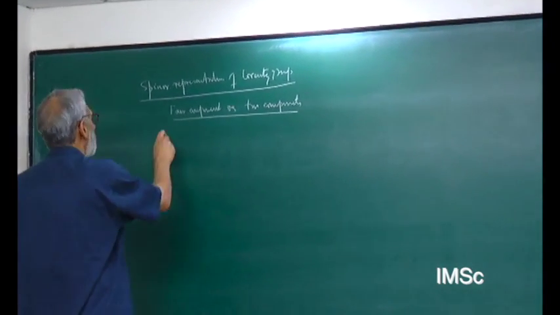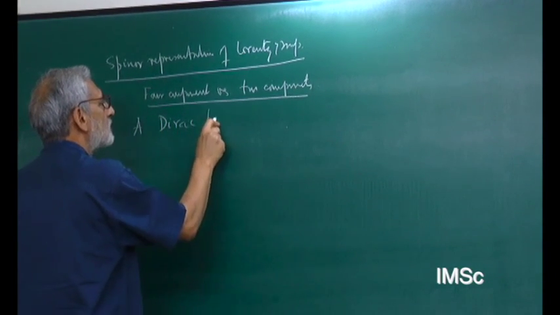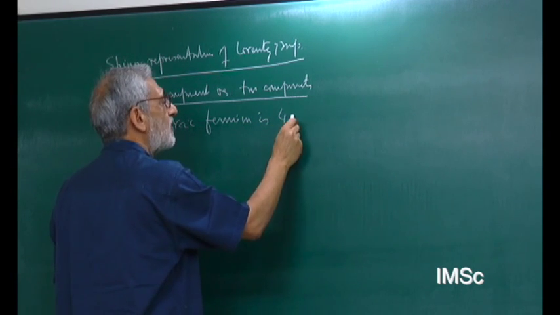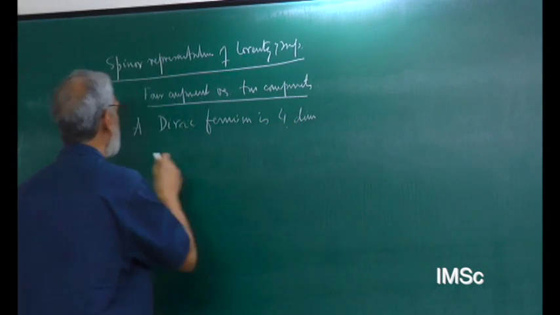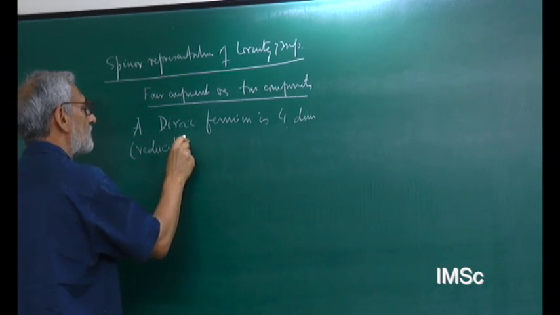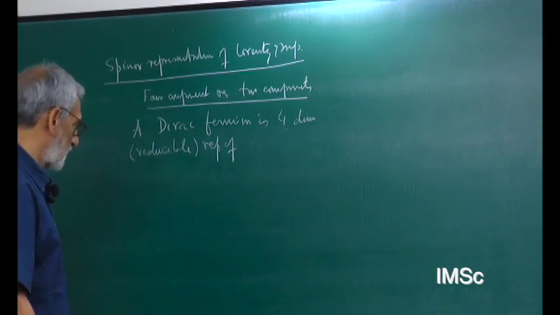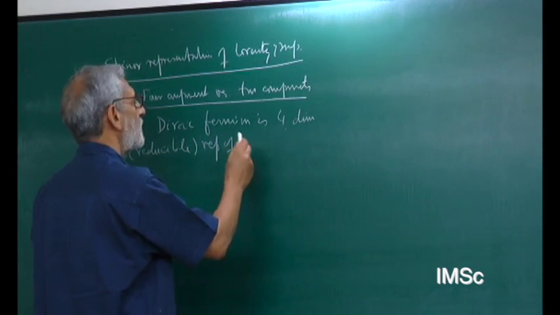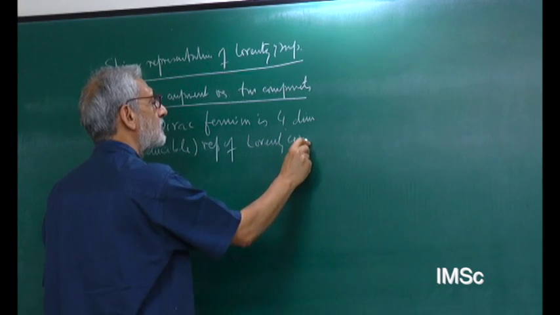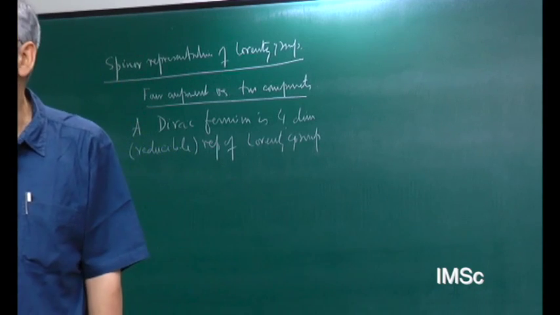So like we said, a Dirac fermion is a 4-dimensional reducible representation of the Lorentz group. 4-dimension means it's made of 4 complex components.